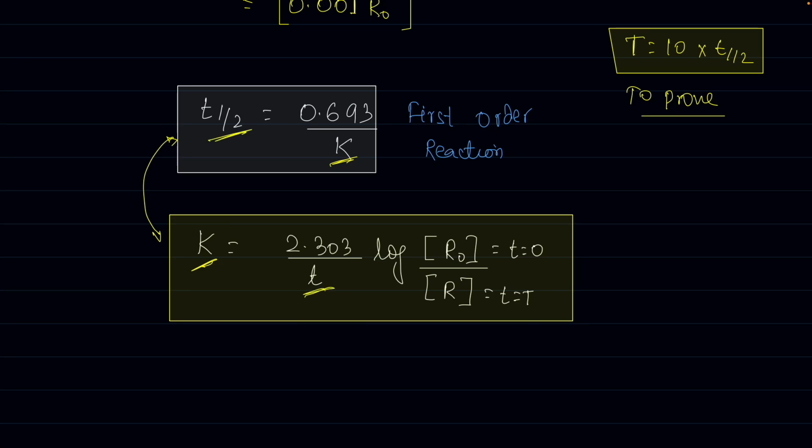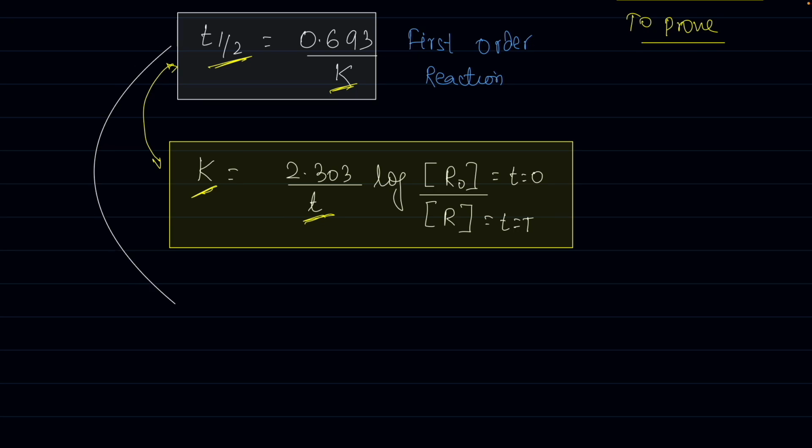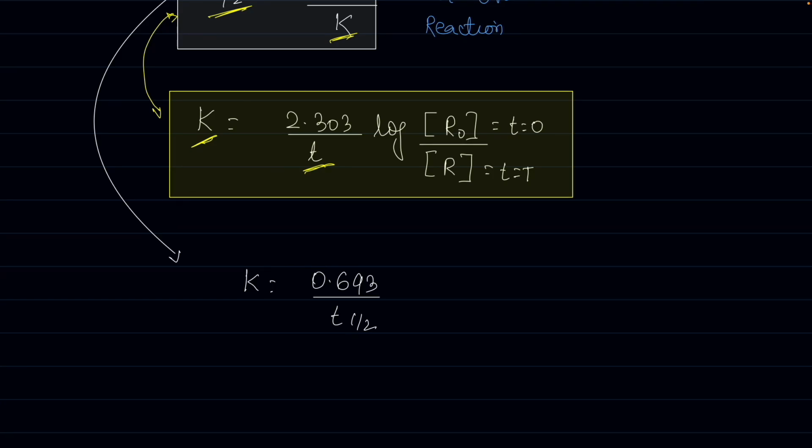So let's continue. Based on this relation, we can write K is equal to 0.693 by T1/2, and this value we can substitute. Let's take this as the second relation and this as the first relation.